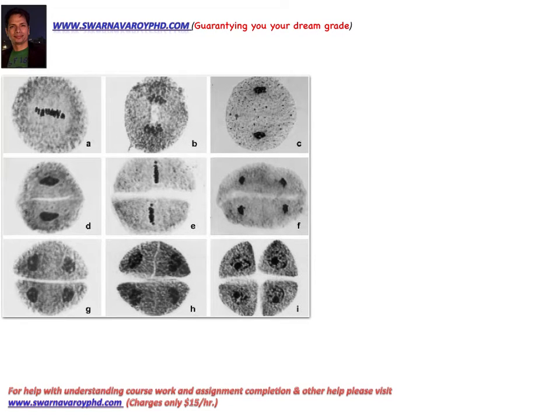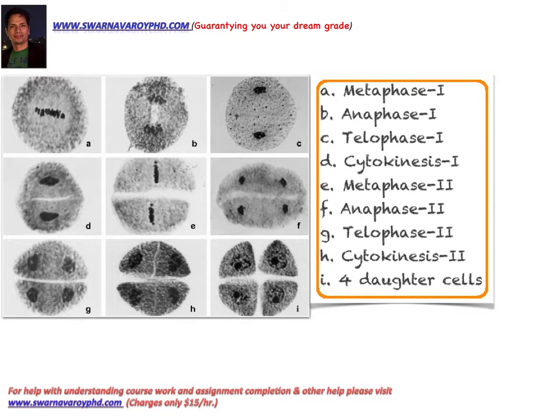Now, this is another picture of the different stages or steps of meiosis, and we can look at the letters A to I. A is metaphase 1, B anaphase 1, and then C, telophase 1, and you can see D is the cytokinesis, where the cells are divided, and the reduction division has taken place.